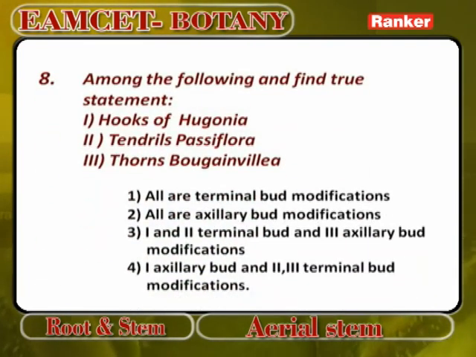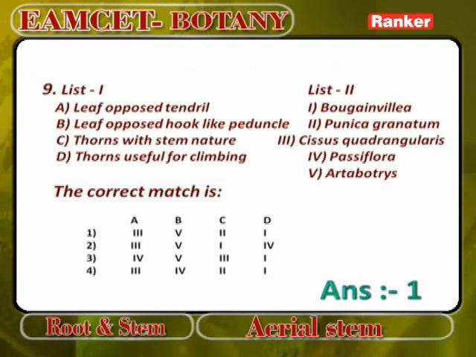Next, among the following, find the true statement. Hooks in Hugonia, all are axillary bud modifications. Tendrils in Passiflora, thorns in Bougainvillea, all are axillary bud modifications. Next, this is also a list. First option, 3, 5, 2, 1, because leaf opposite tendril is Cissus.